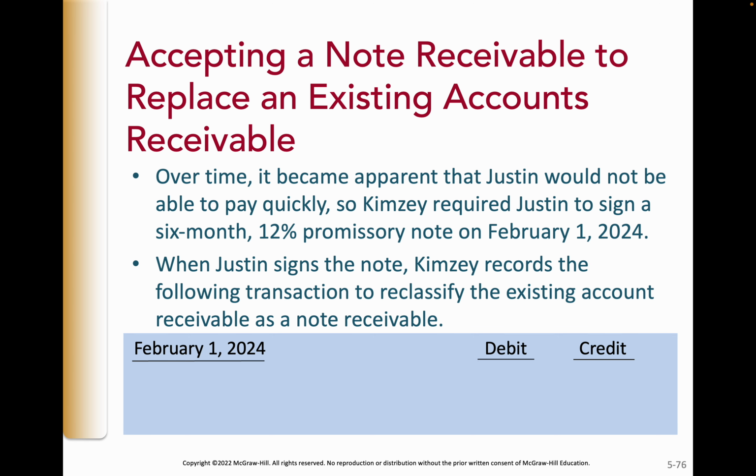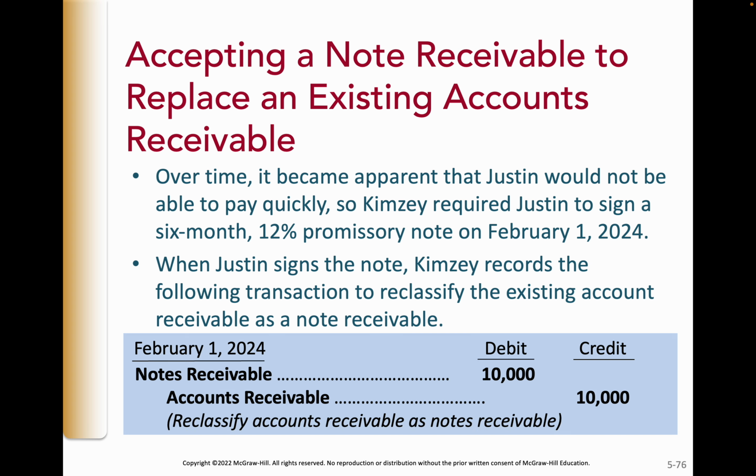He signed the note, and the company needs to reclassify the existing account receivable as a note receivable. So when that happens, you debit notes receivable, credit accounts receivable. That means there would no longer be an account receivable with Justin's name attached, but there is a note receivable with Justin's name attached.